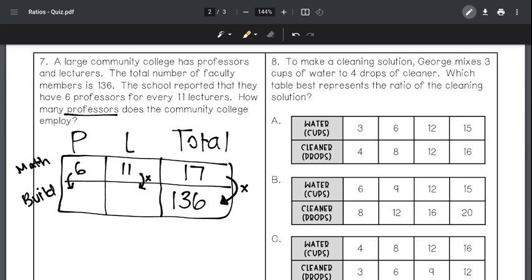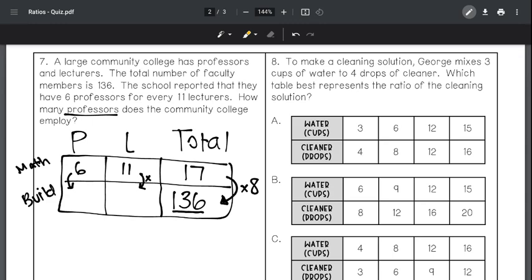So if you do guess and check multiple times, we know that 17 times 8 equals 136. You would know that 17 times 10 is 170, and that's too big because we're looking to get 136. So you knew it was a single digit number, so you could just guess and check 8, 9, 7, 6, whatever. But when you do 17 times 8, you end up getting 136.